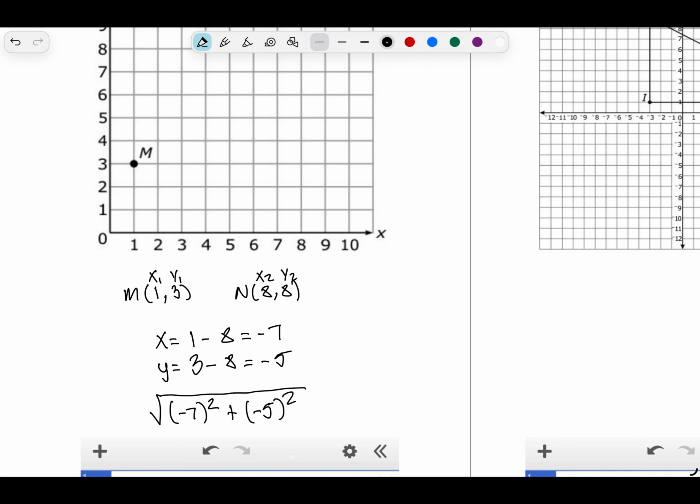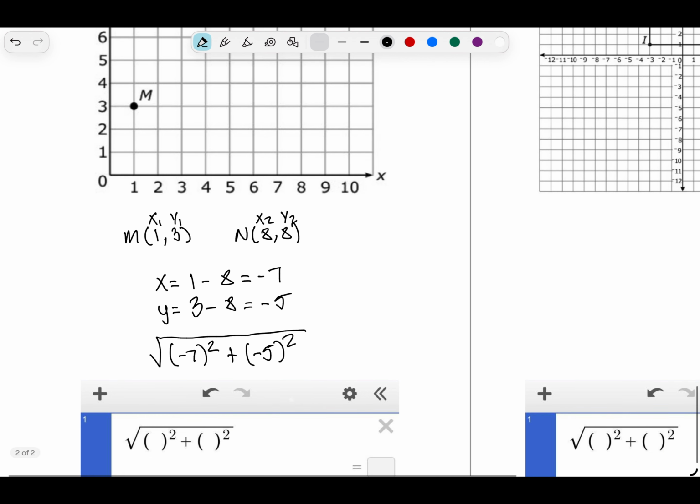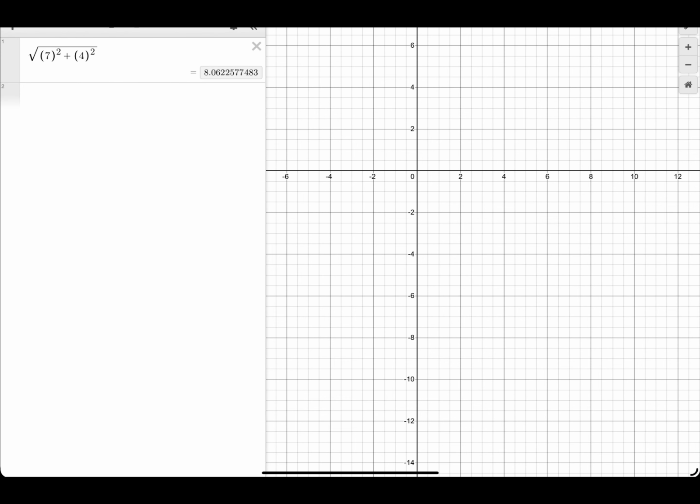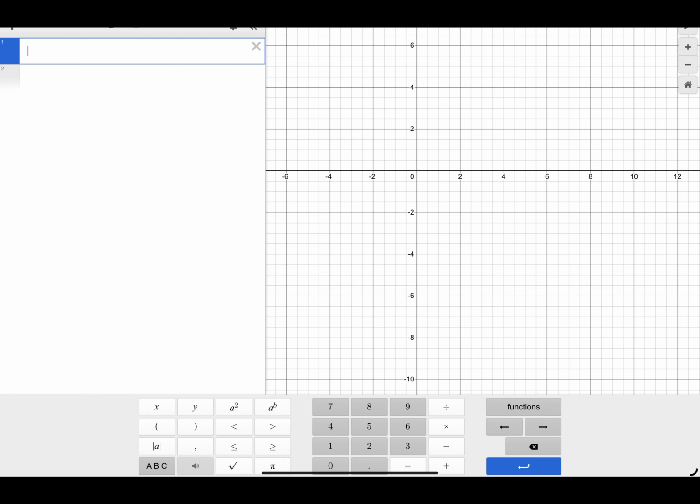So now that we have our template set up, making sure that we put it in Desmos correctly, we go to Desmos so we can get our answer. Okay? So when we go to Desmos, we do square root, open parenthesis, -7, close parenthesis, squared, plus, open parenthesis, -5, close parenthesis, squared.